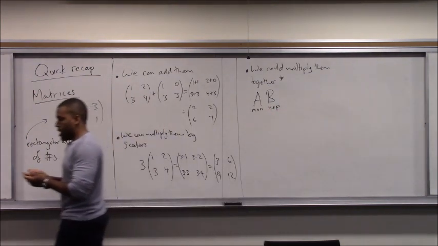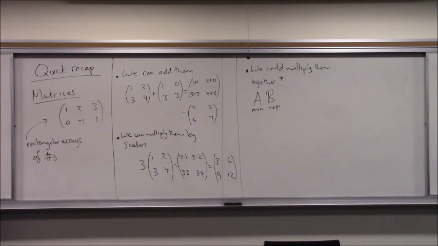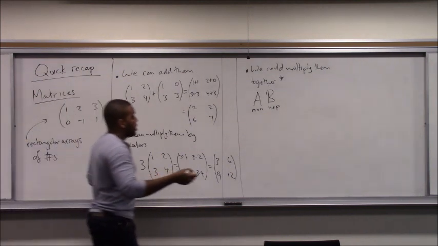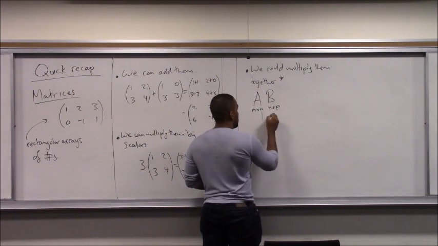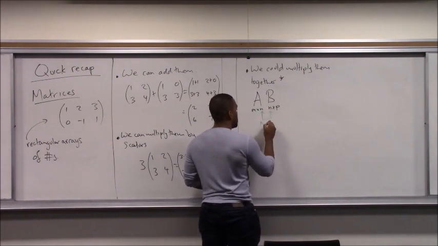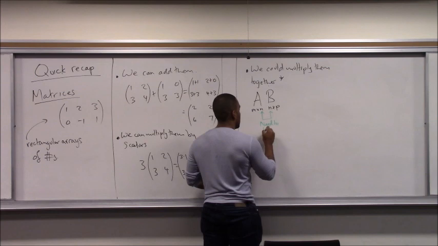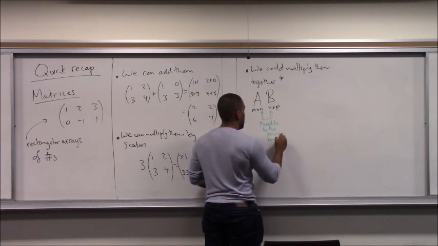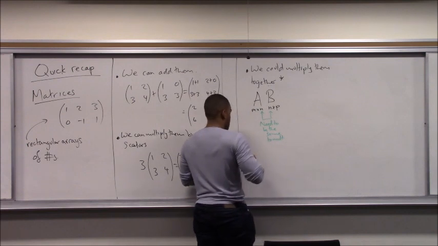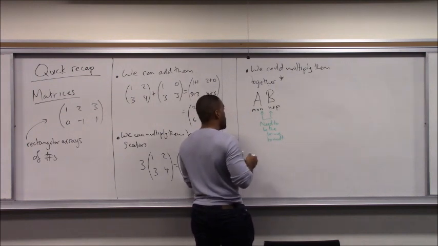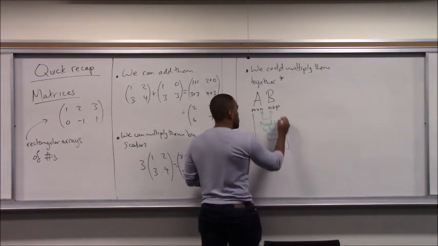We saw that when you line up the matrices beside each other, these need to be the same to multiply. And the outer numbers tell you the size of the result.